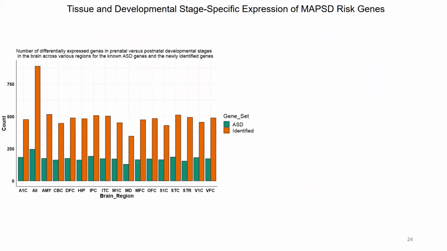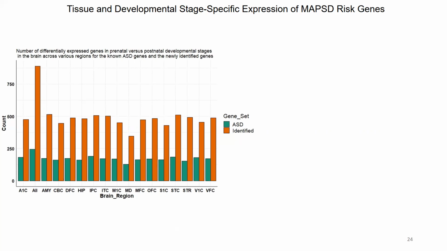Now, because autism, as I mentioned, is a neurodevelopmental disorder, we next investigated if the brain-specific MAPC genes are dysregulated during various developmental stages in human brain. So using Atlas of Developing Human Brain, or BrainSpan, on 16 brain regions, we divided the data into 2 large categories of prenatal and postnatal stages, where each with various time points.